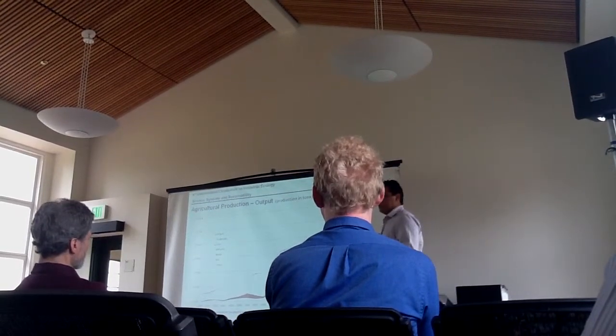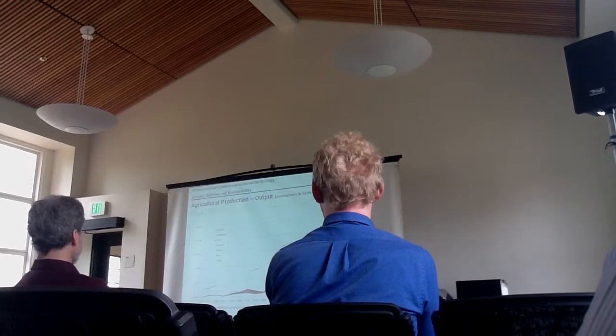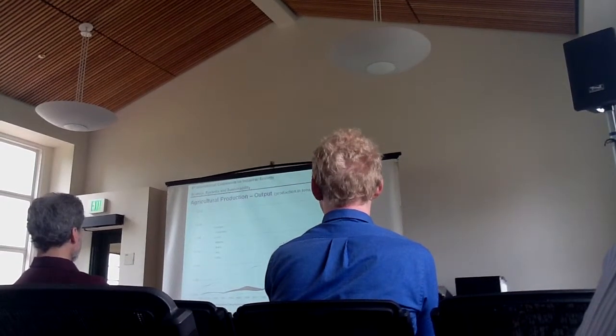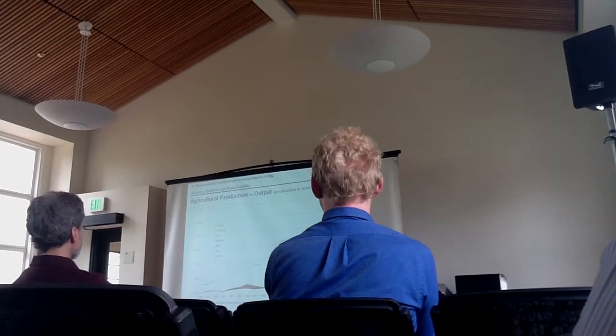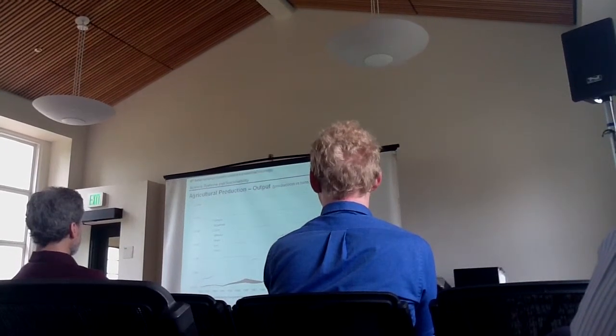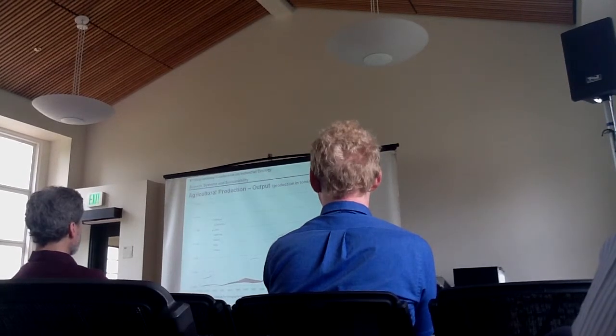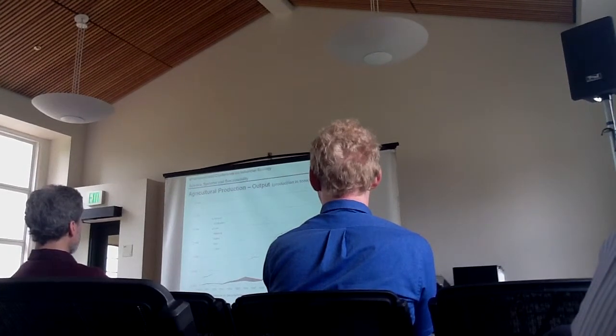Unfortunately, the color of the graph is not so good. But this specific city in Brazil produces sorghum, soybeans, corn, mamona, which produces oil for biofuel, beans, rice, and cotton.